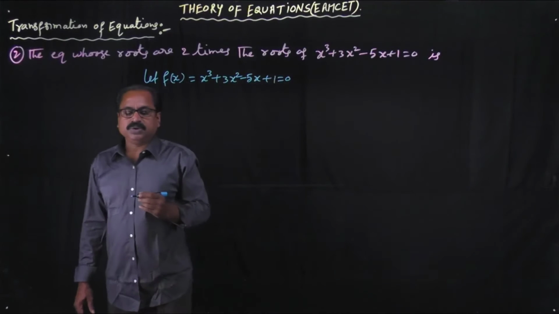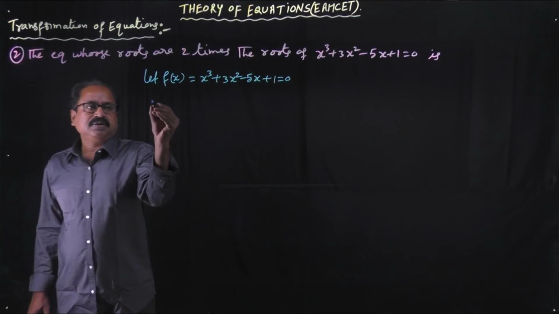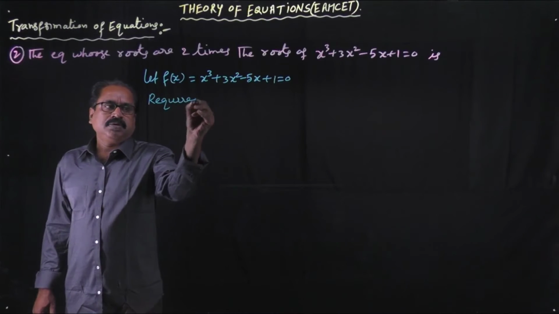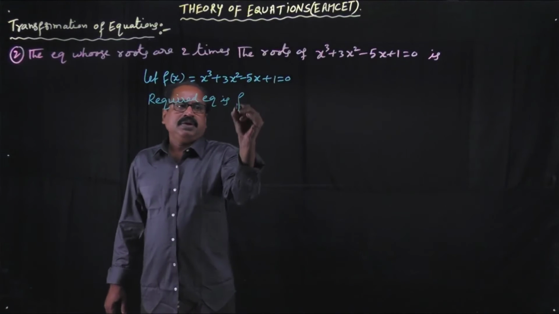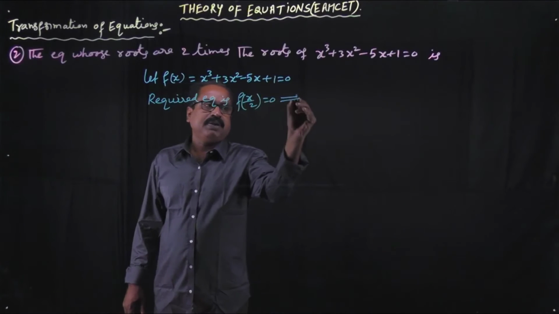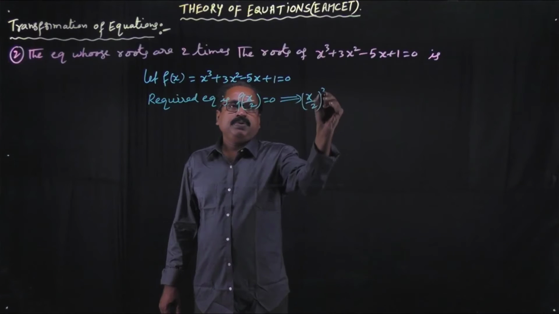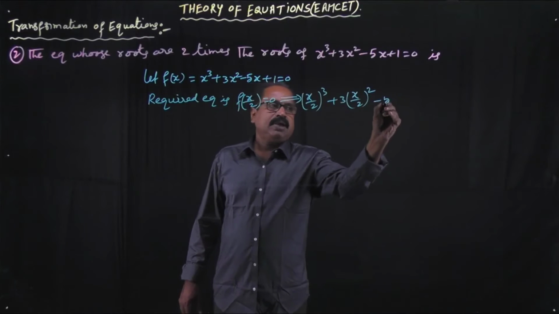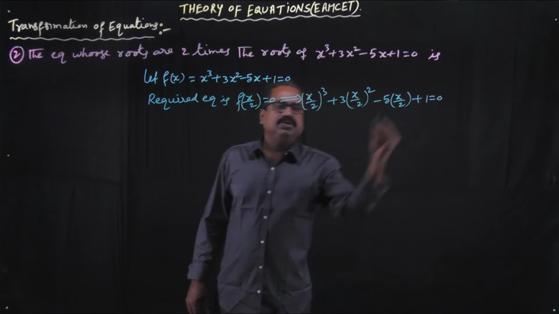The required equation is f of x by 2 is equal to 0. This implies (x by 2) whole cube plus 3 into (x by 2) whole square minus 5 into x by 2 plus 1 is equal to 0.